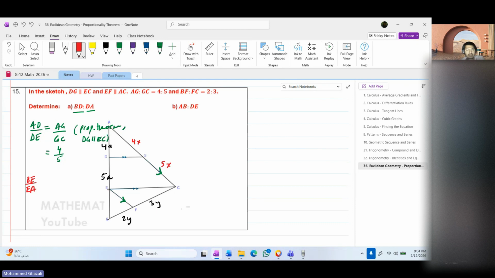So we're working with BE to EA is equal to BF to FC. Right, again, prop theorem, normal story. Prop theorem because EF is parallel to AC.